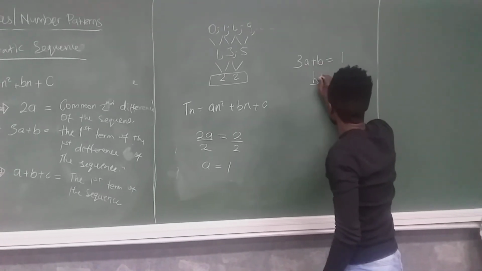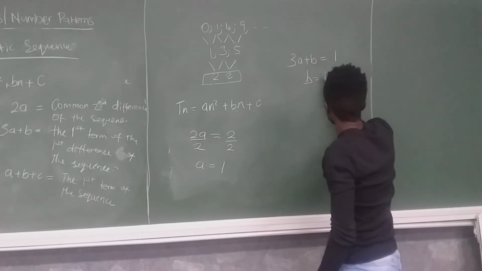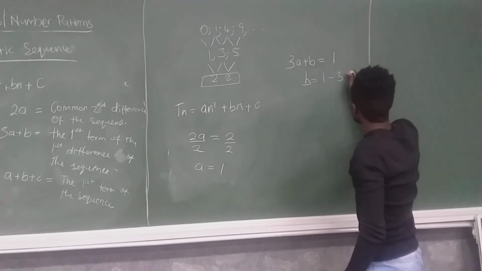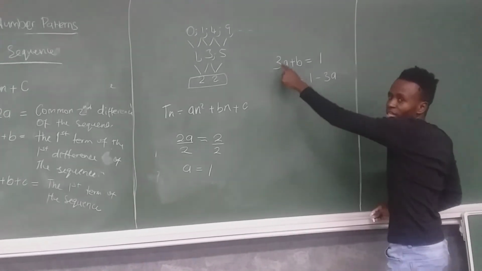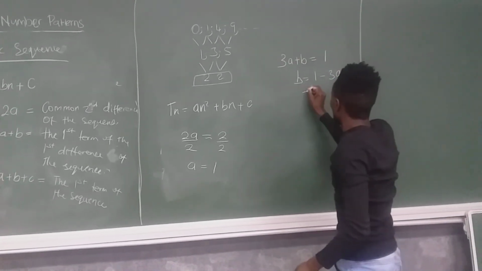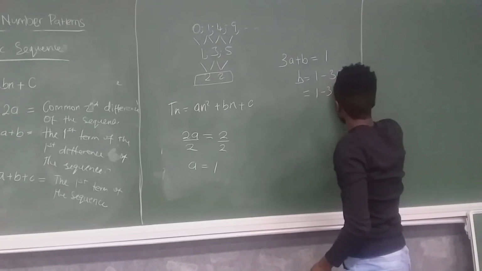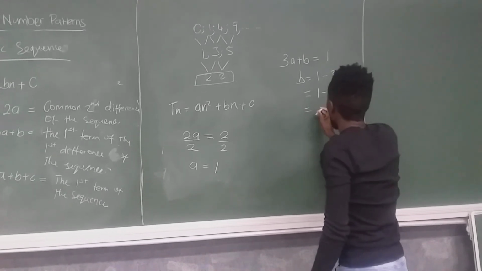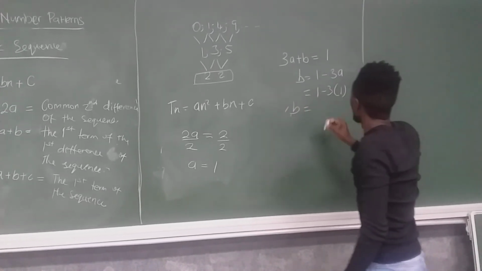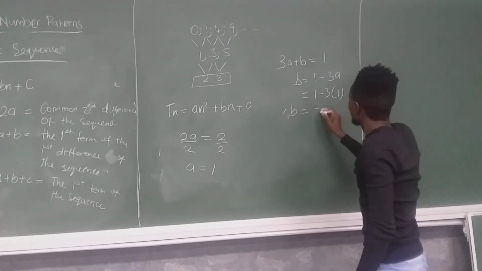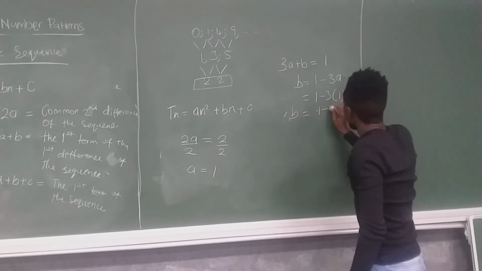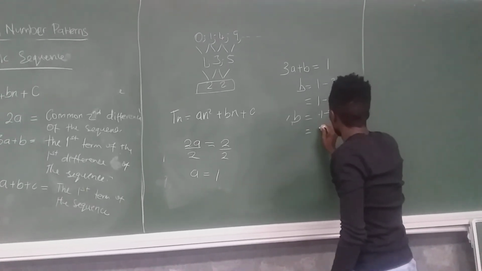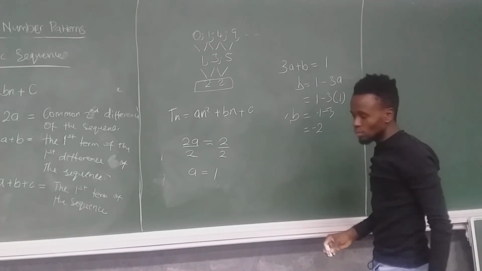And then now our b, to be the subject of the formula, is equal to 1 minus 3a, because we take this 3a to the other side. And then 1 minus 3 into 1. Remember our a is 1. Therefore b is equal to 1 minus 3, which is equal to minus 2.